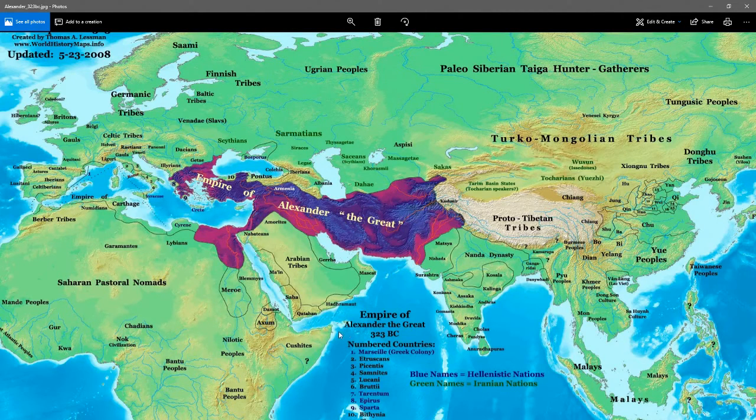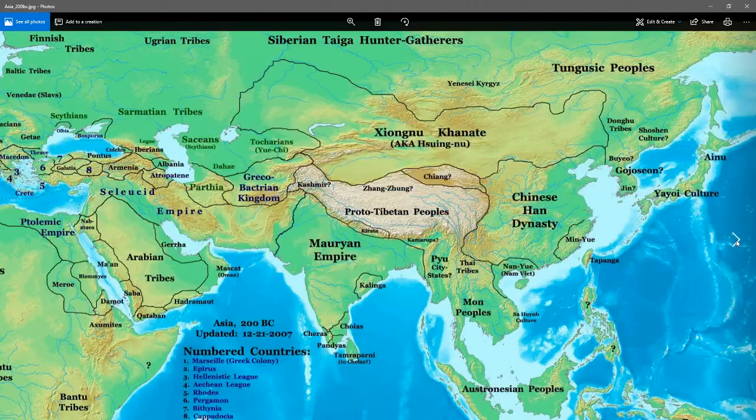Couldn't go any further into India. And if you'll pay attention to this area right here, this is going to become what's called Greco-Bactria, and it's the garrison that Alexander the Great left behind after he abandoned his conquest.